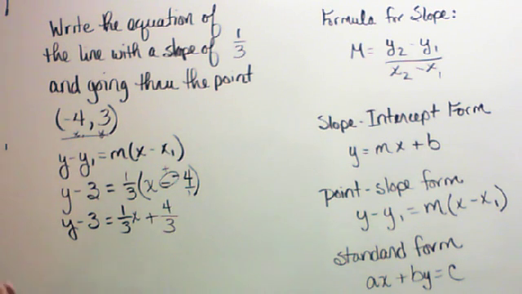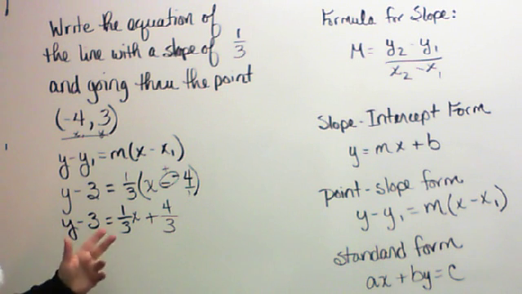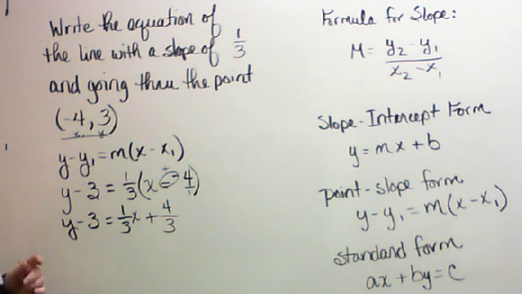Now there is nobody out there that likes fractions, I'm pretty sure. If you can deal with the fraction and you can go ahead and change it and get a common denominator and all that stuff, that's fine. If you don't like fractions and you want to get rid of it, that's what I do. I say I don't want a fraction at all. I want to get rid of my fractions so I don't have to worry about it. In order to do that, you have to multiply by the common denominator.